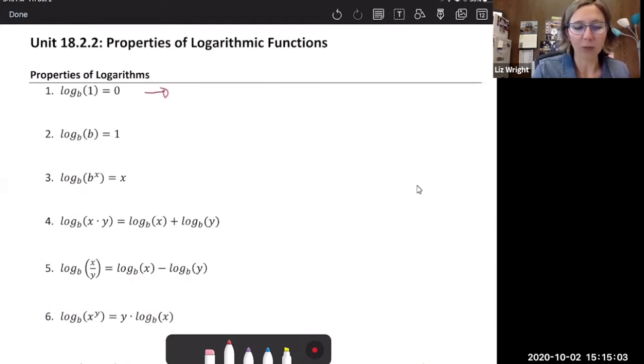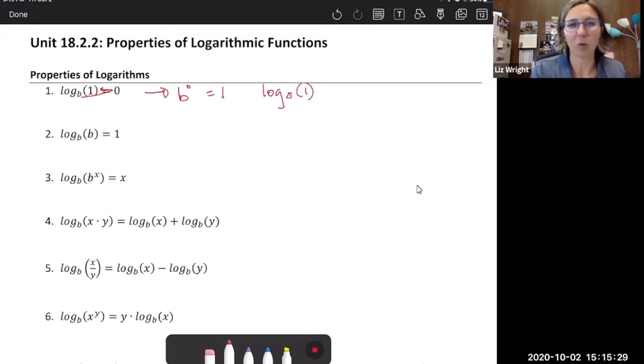That's the one we were talking about a video or two ago. If I'm changing this into exponential form, b to the 0 is going to equal 1. Or I gave you the example of log base 5 of 1.